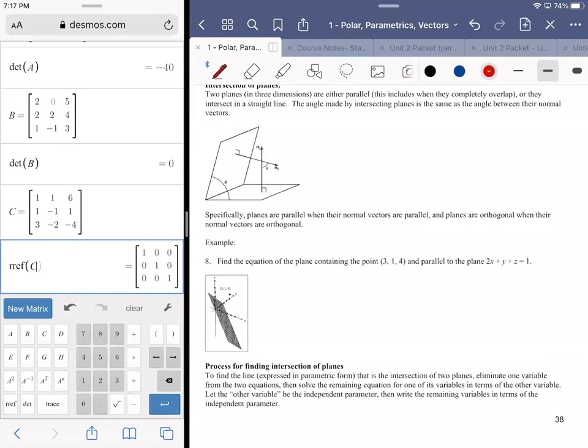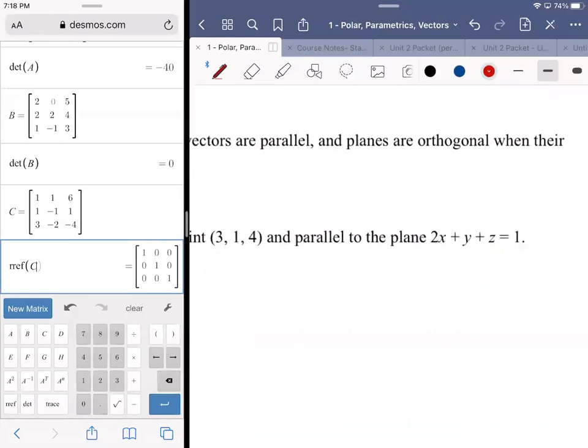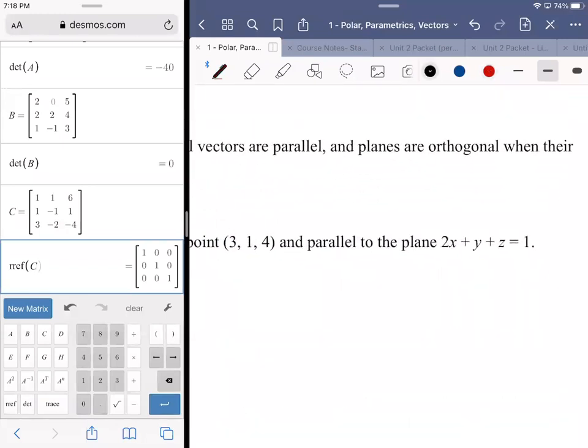So what I'd be looking for here when it says find the equation of the plane containing the point and also parallel to that given plane is just the idea that if planes are going to be parallel, then their normal vectors have to be parallel, right? So that allows me to take the normal vector here.